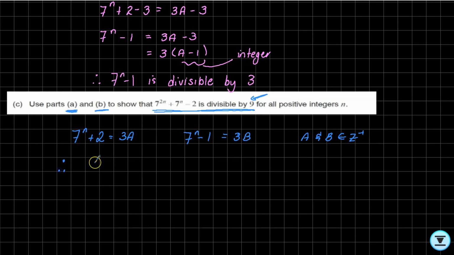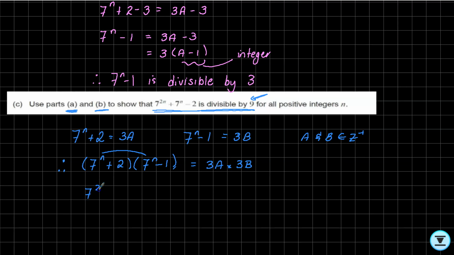So I'm going to go, what happens if I now go 7 to the n plus 2 times 7 to the n take 1? This equals 3a times 3b. What's 7 to the n times 7 to the n?